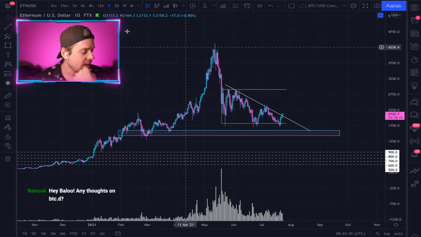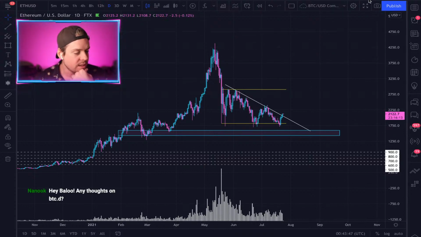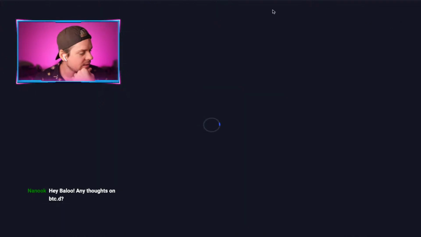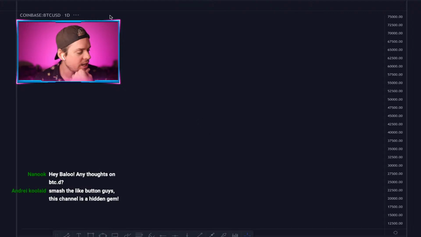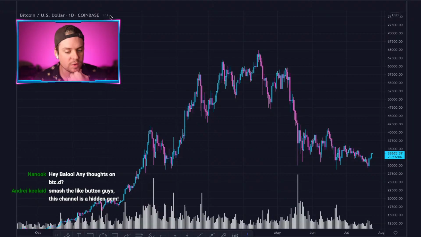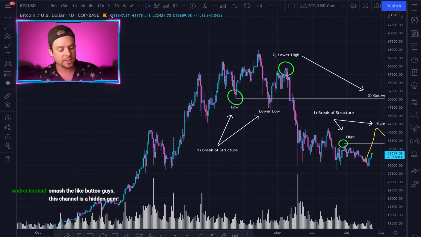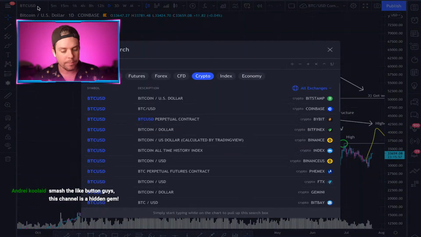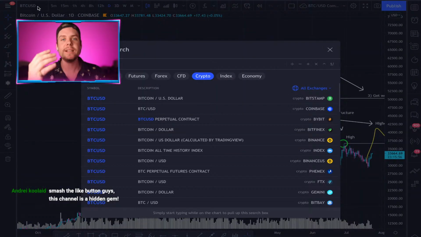We can take a look at Link. I think Link was another one that was requested. Link, kind of interesting. The thing that interests me about Chainlink is at what point do you need to buy it? That's the real question for me. When you look at other projects like Axie Infinity, you need to buy it. You're forced to buy it.